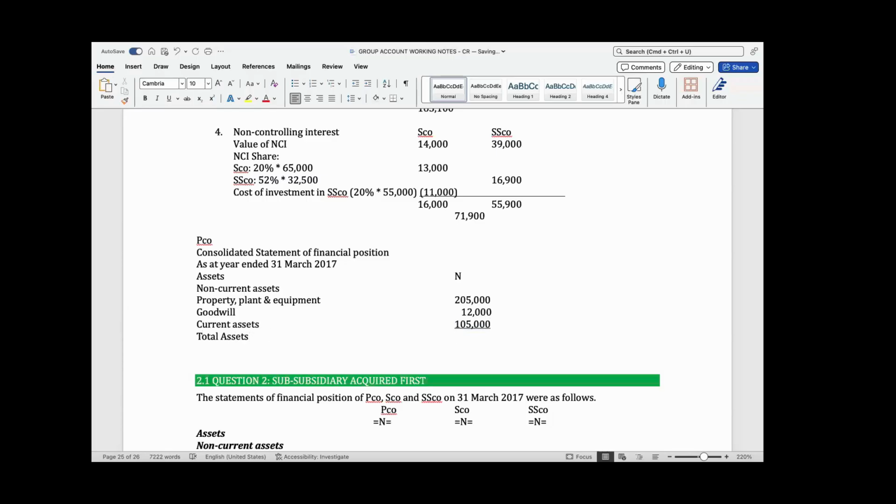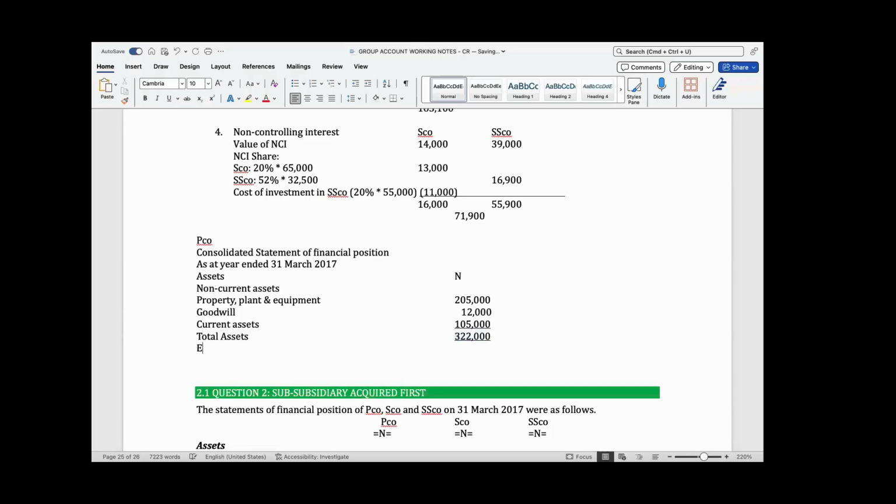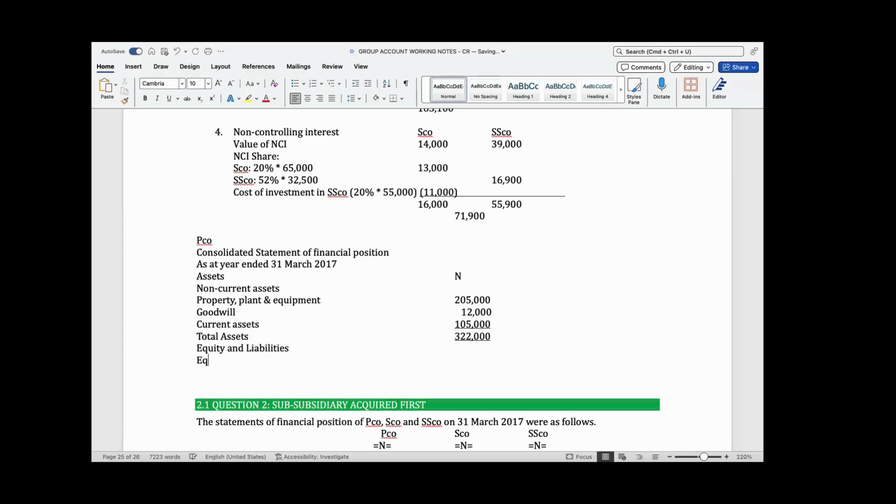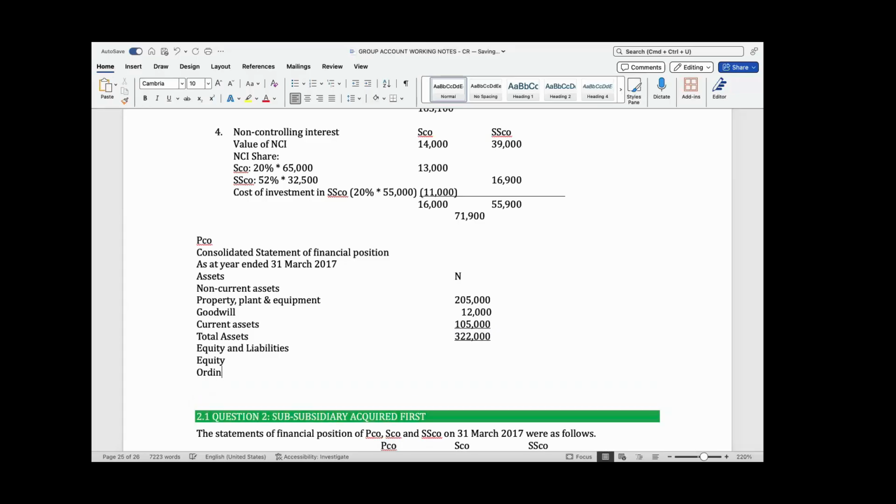What is the total? 322,000. Now, my equity and liabilities. Now I have my ordinary share capital.